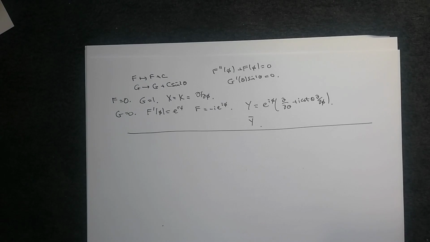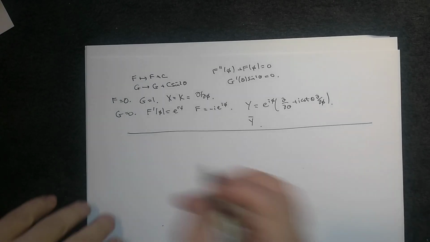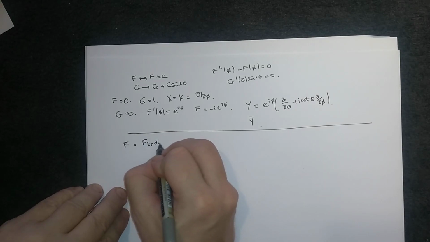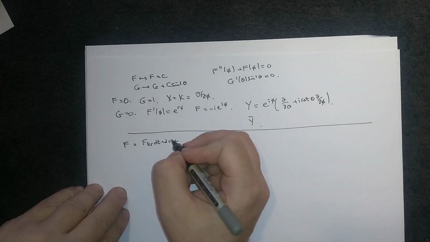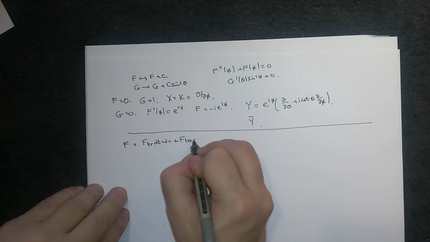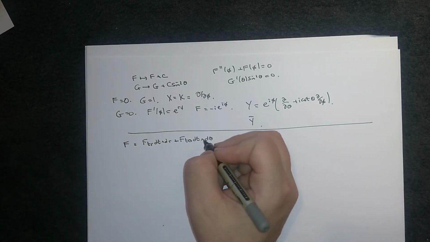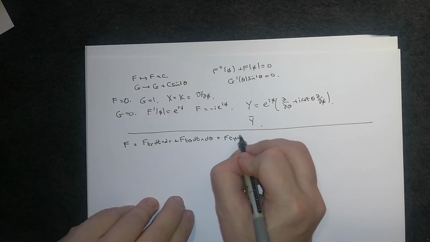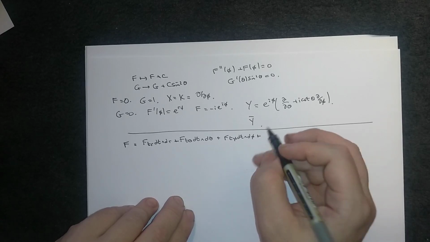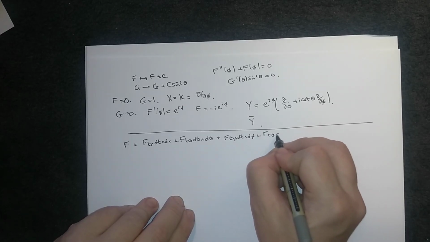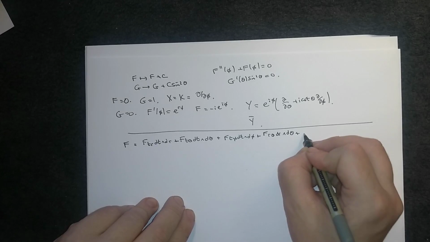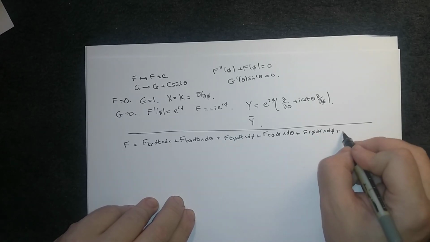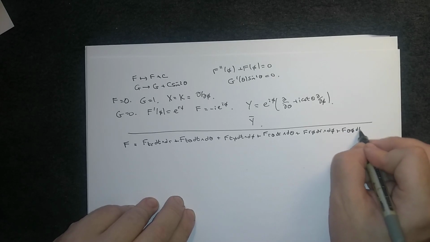Right, let's try and apply this to the electromagnetic field. So what we're going to do is start with the assumption that the electromagnetic field tensor is f tr dt wedge dr plus f theta dt wedge d theta plus f phi dt wedge d phi plus f r theta dr wedge d theta plus f r phi dr wedge d phi plus f theta phi d theta wedge d phi.